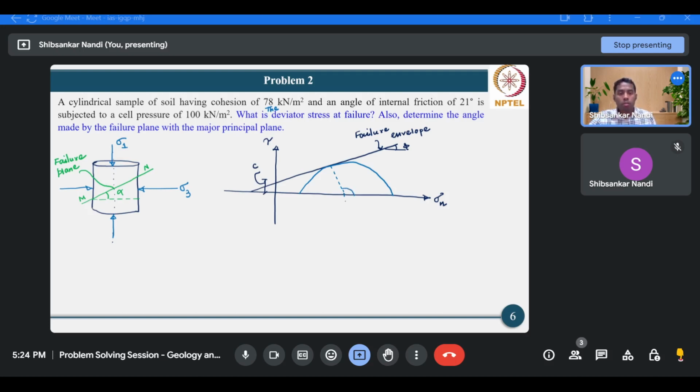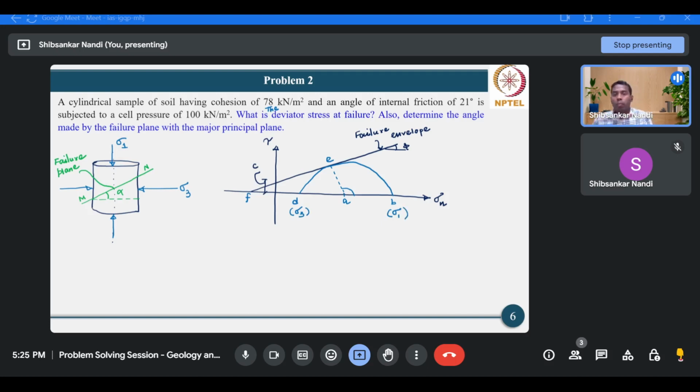Suppose this is your point A, this is your B, this is your D, this is your E, and this is point O. This is your sigma 3, and this is your sigma 1.